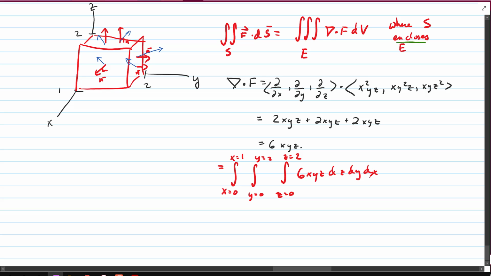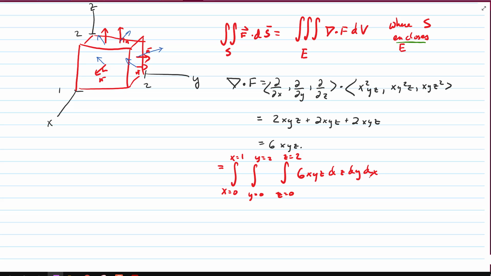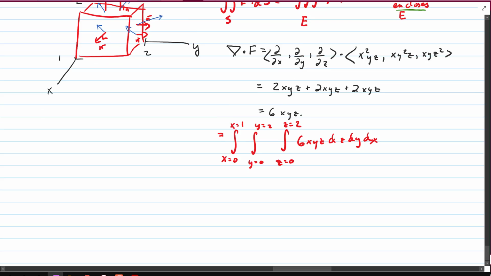Because the region for this iterated integral is a parallelepiped, there's no reason to favor one choice of order of integration over the other. I just happen to choose dz, dy, dx for integrating. There's no reason why you couldn't have interchanged those.